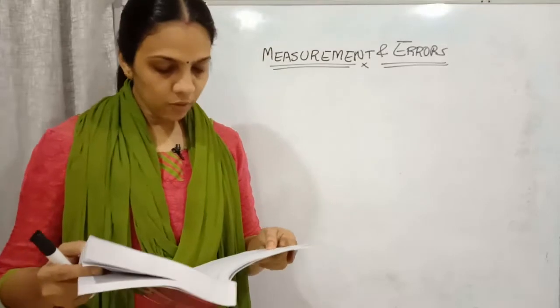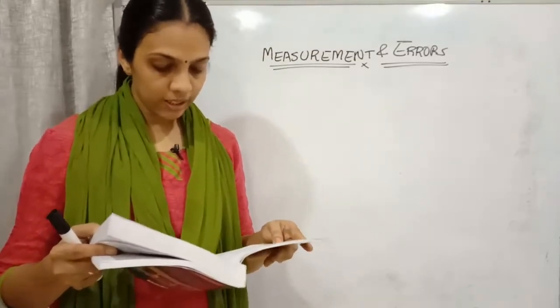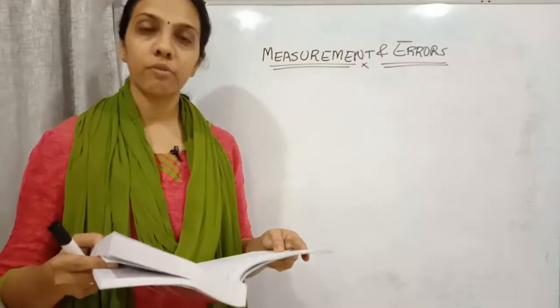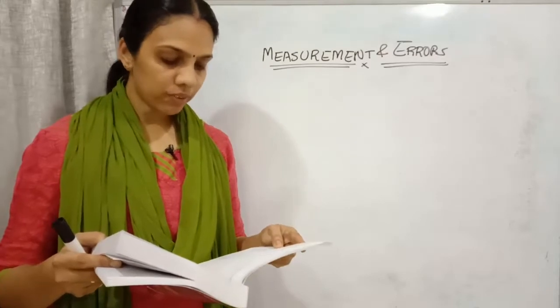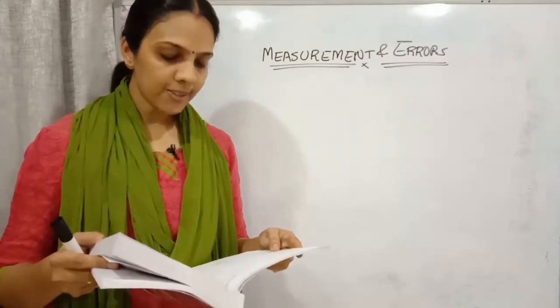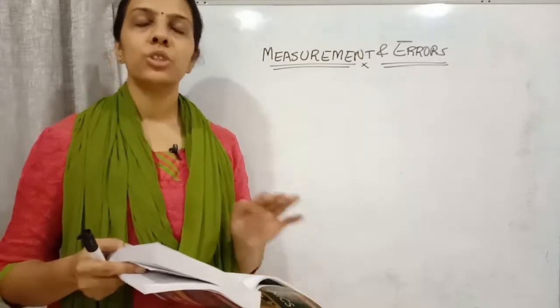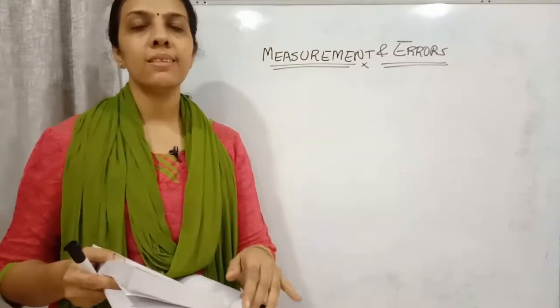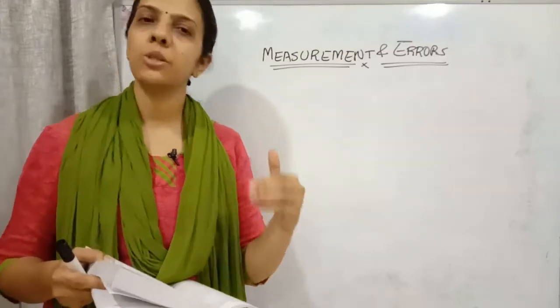The radius of a cylindrical wire measured by a screw gauge is 1.25 millimeter. The length of the wire is 25 centimeter and the mass of the wire is 12 gram. The density of the wire is? So children, while doing this one, please write down the question and try to solve it by yourself.